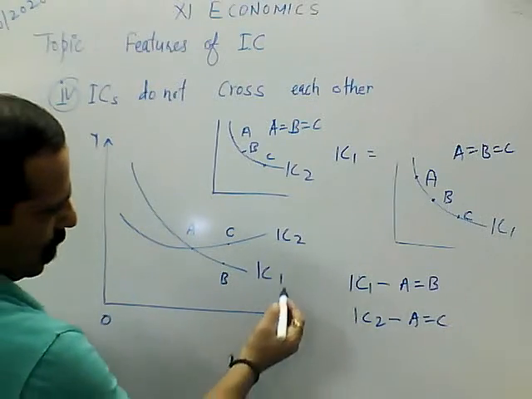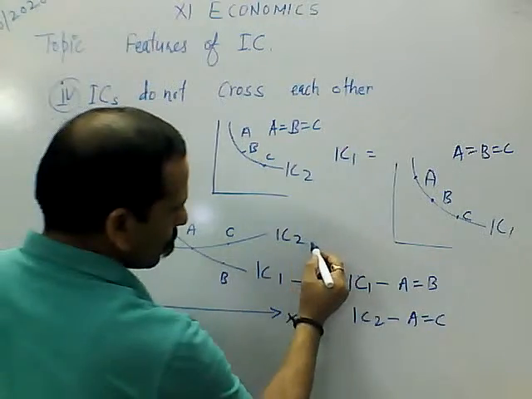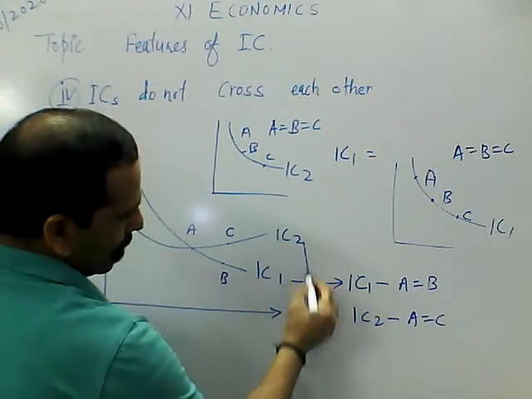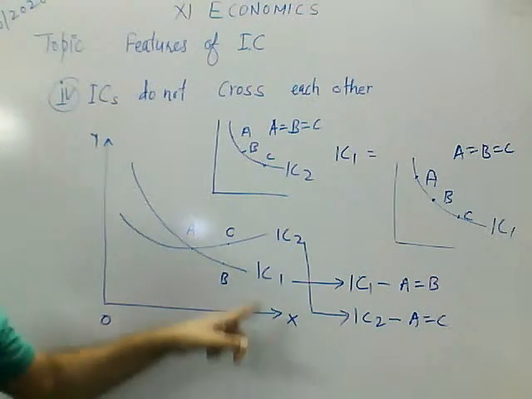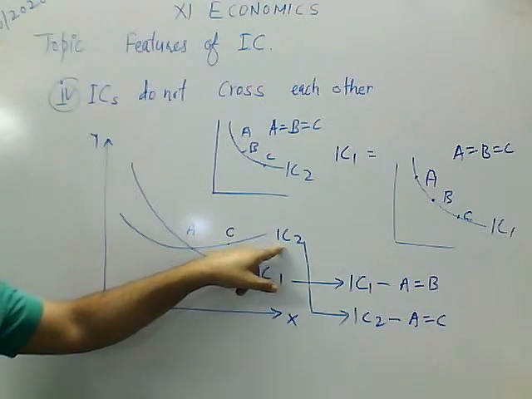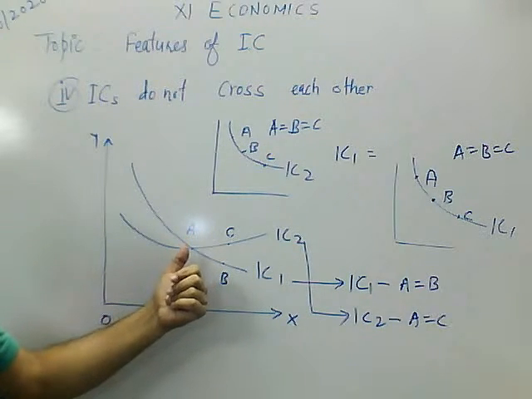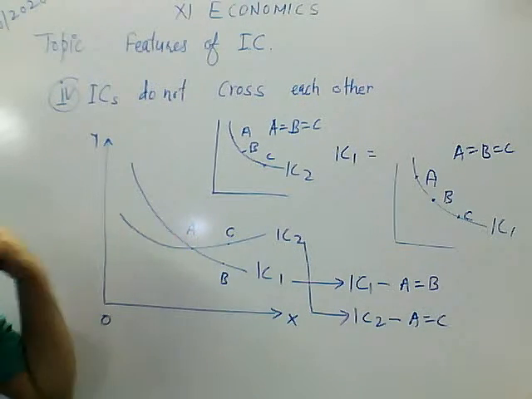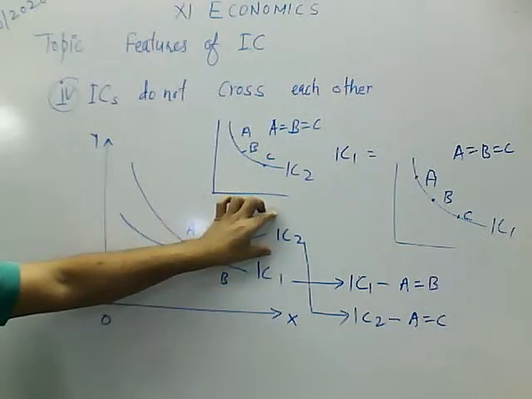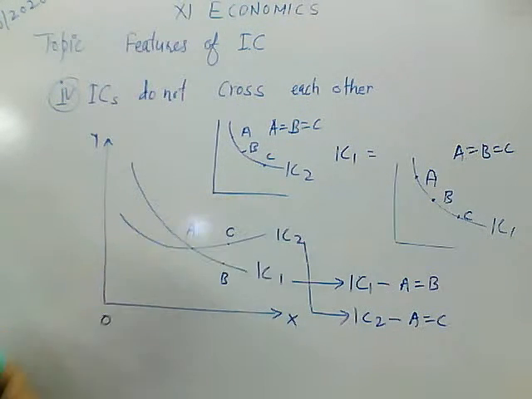IC1 first of all is IC number 1, and this is your IC2. On indifference curve 2, A is equal to C means the consumer is satisfied at A and C, both combinations giving the same level of satisfaction at IC2.